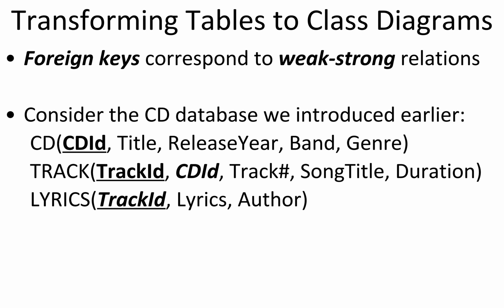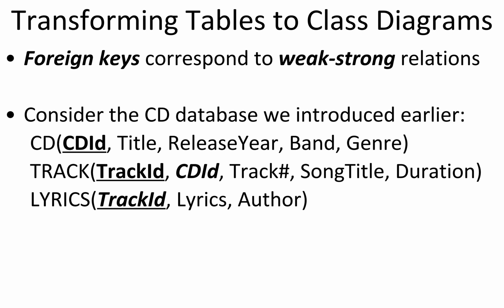Meaning that it is referring to a track, but it's also a primary key, meaning there can't be another one of these. Notice that a foreign key can repeat. I can have multiple tracks that are all referring to the same CD. So this one is a foreign key, but I'm adding the constraint that it needs to be unique.